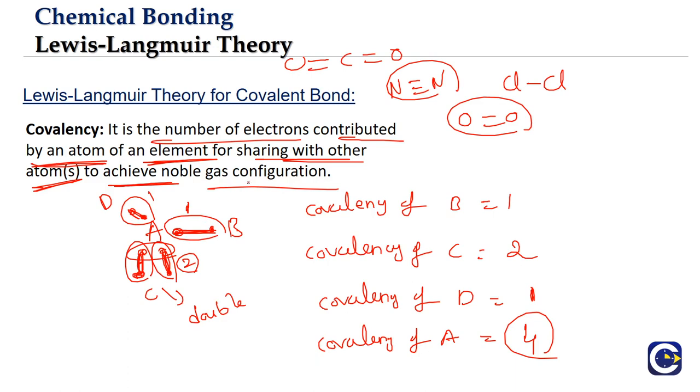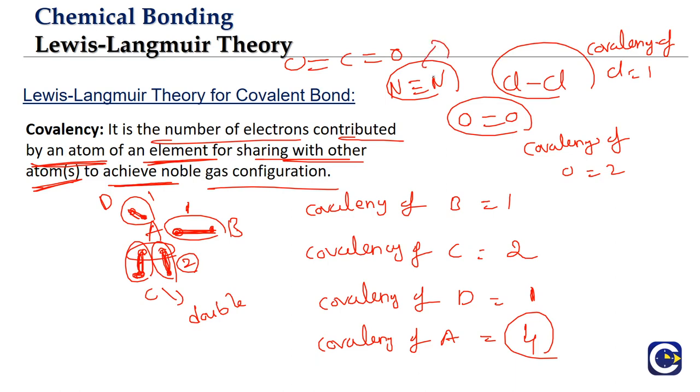Now, if we apply the same logic to elements: oxygen is forming a double bond with another oxygen, so straight away we can say the covalency of oxygen is 2. Chlorine is forming a single bond with another chlorine, so the covalency of chlorine is 1.